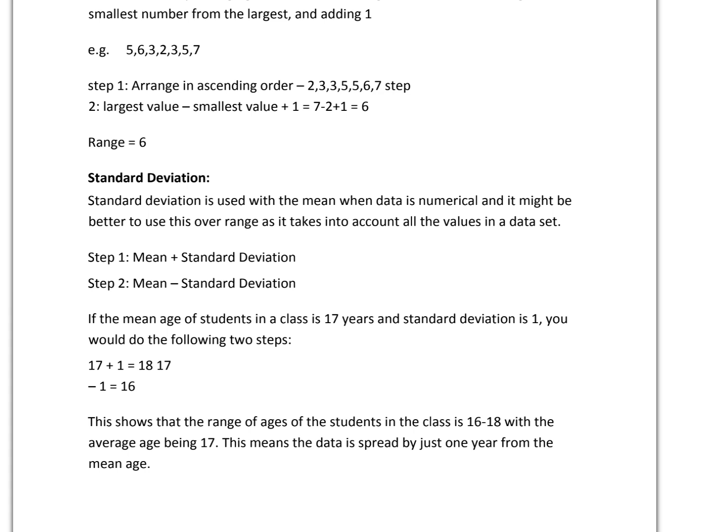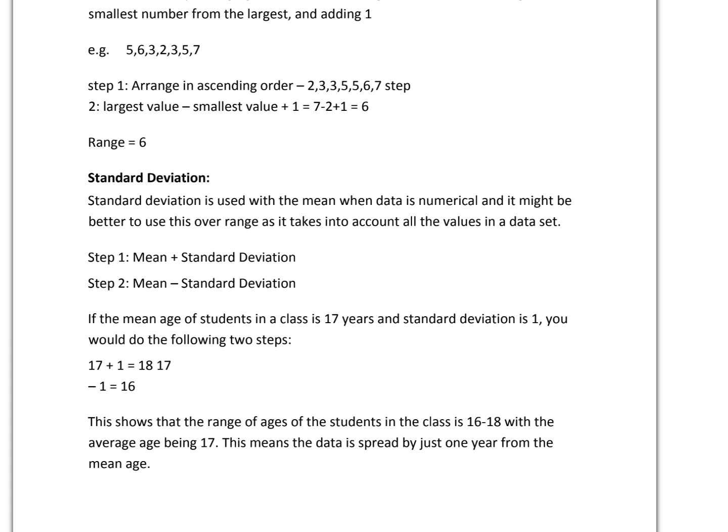Now, I don't know how much the data is spread from this average of 17 for the majority of the 20 students in my classroom. Yes, the average age is 17, but are the students also close to 17, like 16, 18 years of age, 15, 14 years of age, etc.? Or do we have someone who's a 10-year-old in the class and someone who's a 30-year-old in the class?